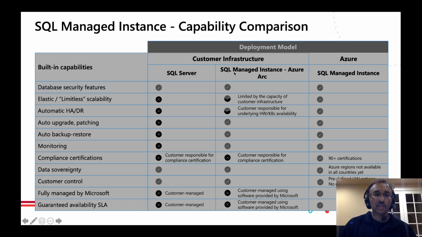Similar to that, the SQL managed instance for Azure Arc will be deployed on top of Kubernetes. So this is all in your infrastructure. That's what this table and this set of columns are saying. And then in Azure, you have the SQL managed instance.